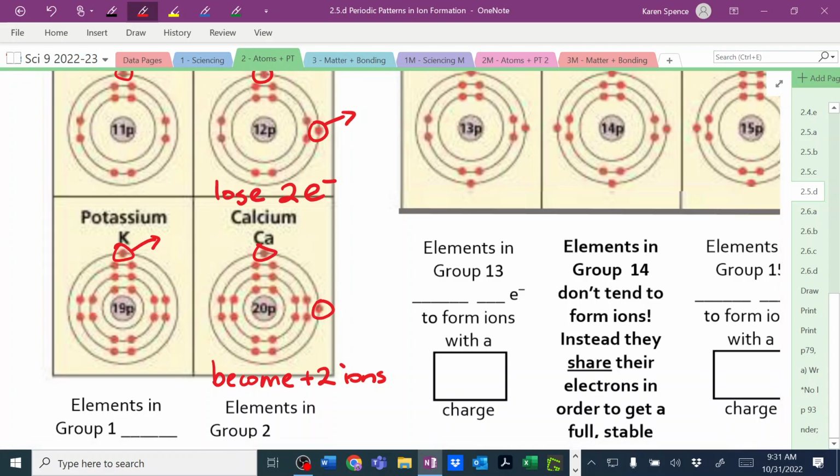This is going to become really, really useful in not the next unit, but the one right after it, because you're going to need to know what the charge of ions are. So if you're in group 1 and you're an ion, what is your charge?